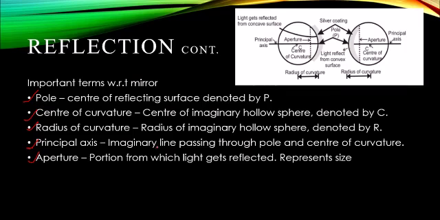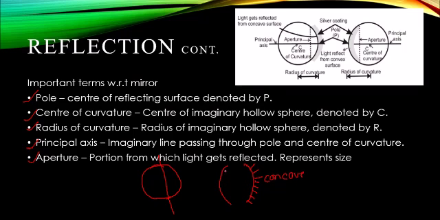Where do these terms come from? What is a mirror? When a hollow sphere is cut into two halves of equal radius, it gives an aperture like this. When the inner side is polished with silver and the mirror forms on the inner side, it is known as a concave mirror.